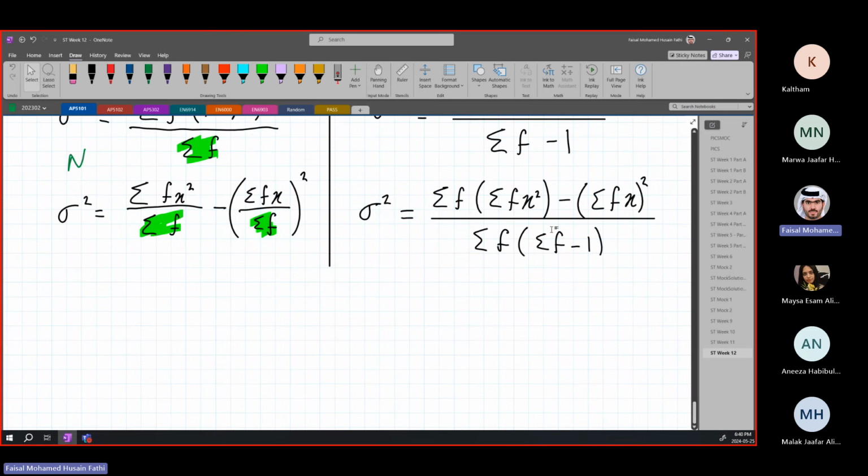I know this might look more complicated, but if you notice again, all these sigma f's are just simply n, all right?